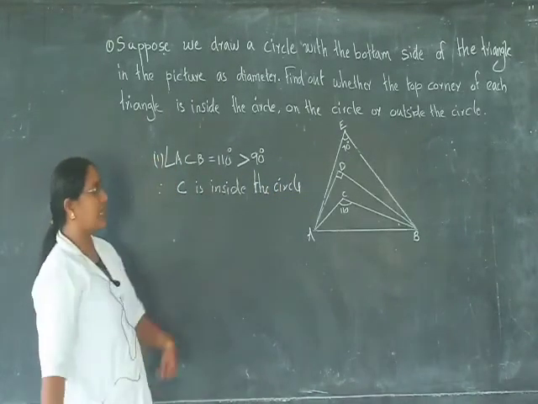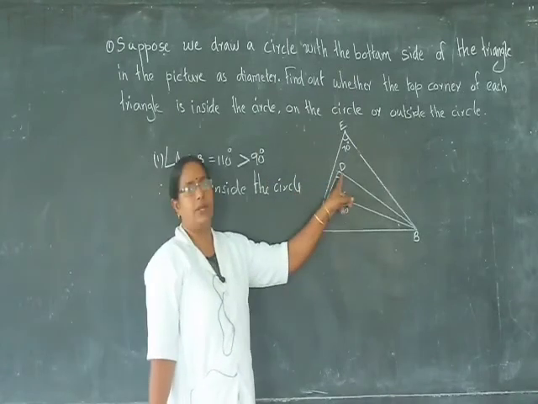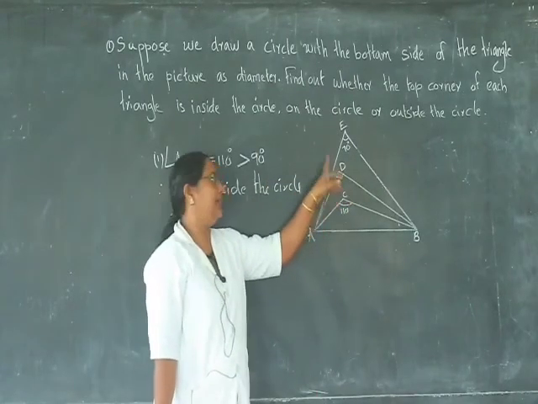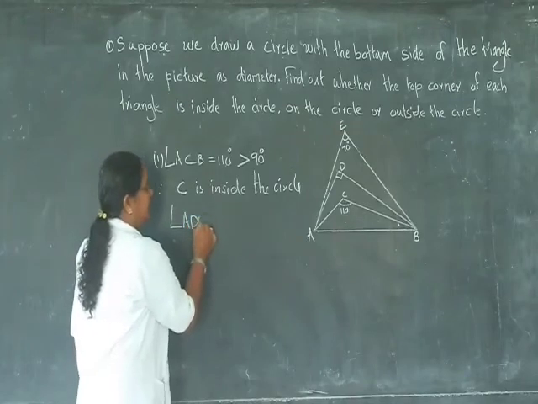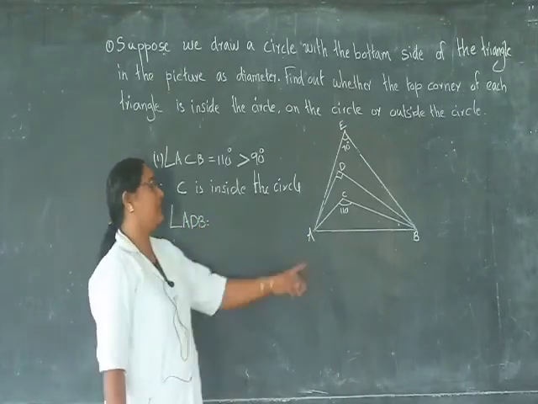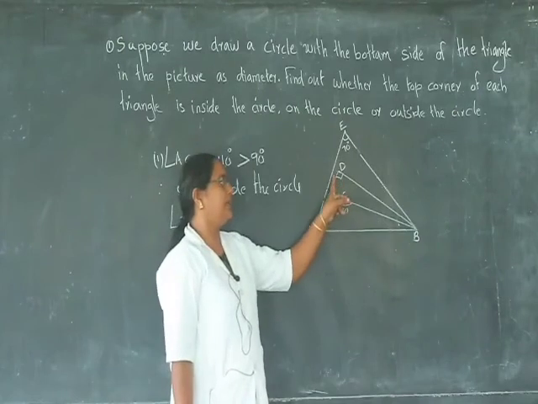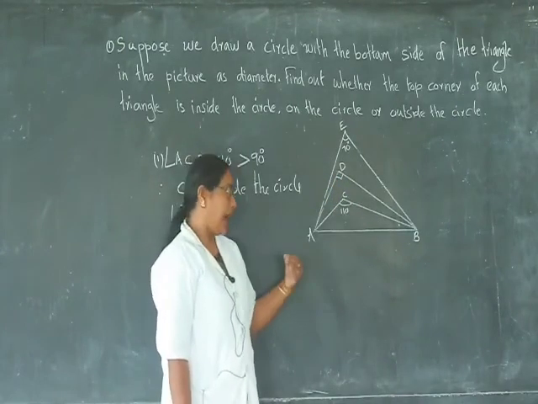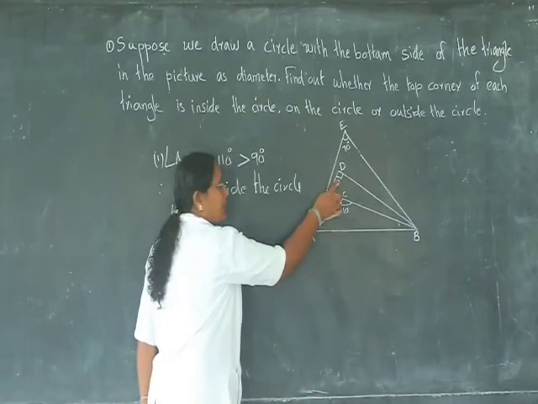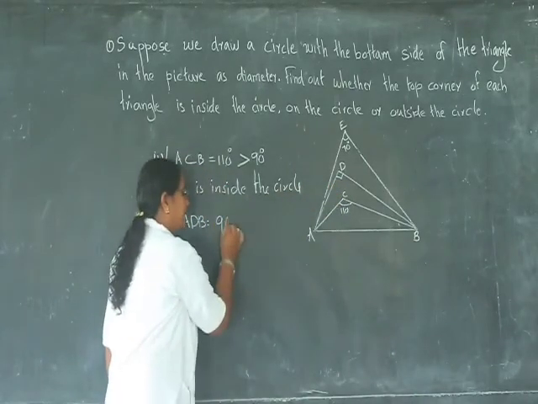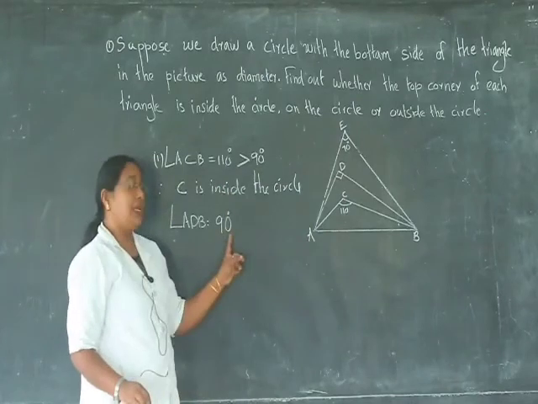Then here, the second top vertex. What is the second top vertex? D. Angle ADB. What is the measure? Represented in this form, this angle's measure is 90 degrees. This means perpendicular, therefore 90 degrees.